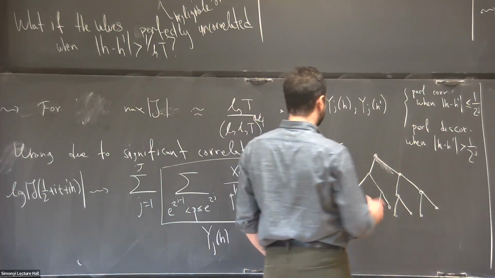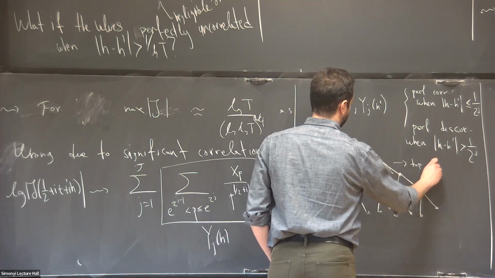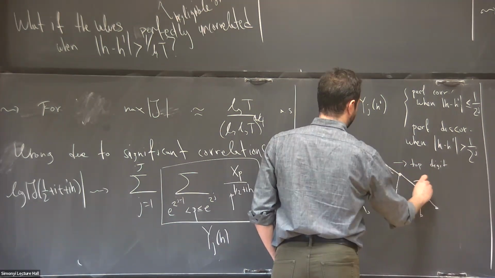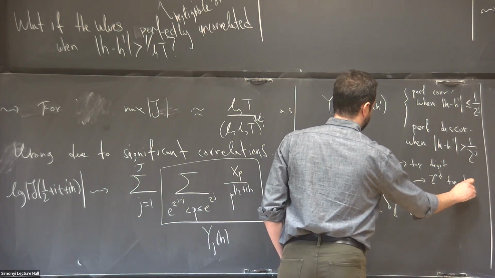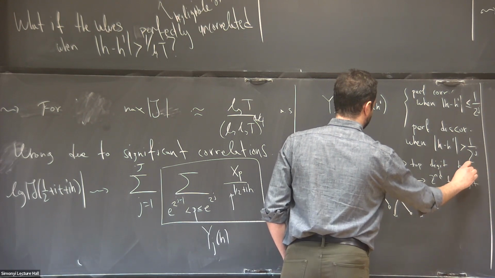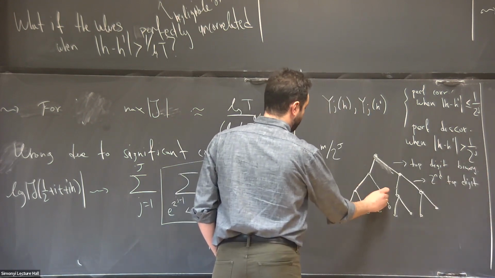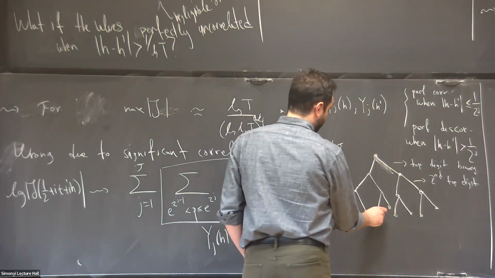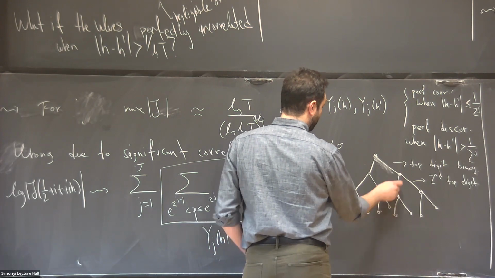Right, so what happens here is that for every, so this is the top digit, this is the second most important, second top binary digit, etc. If you want to compute the correlation, let's say between this point and this point, you look at where they split.